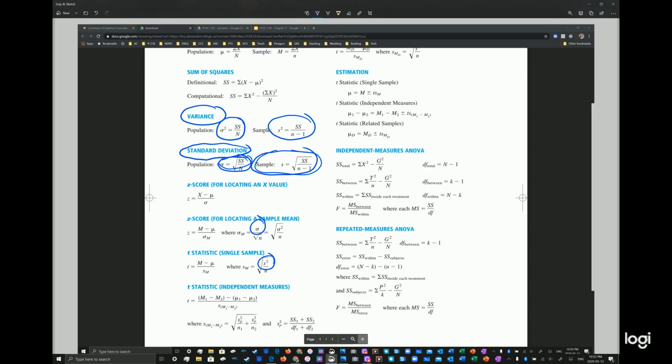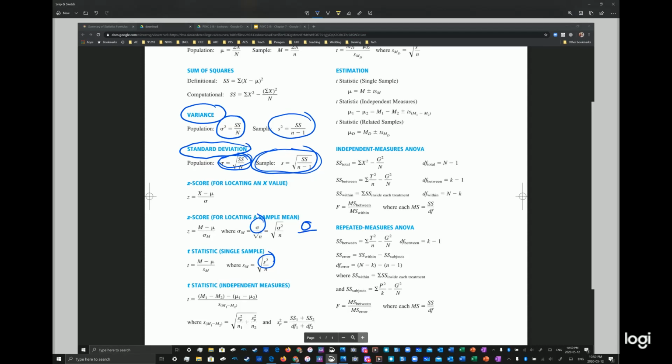So if we're given the population standard deviation, then we would get the standard error by dividing the population standard deviation by the square root of n, which is the same as, if I'm given the population variance, dividing that by n and taking the square root.